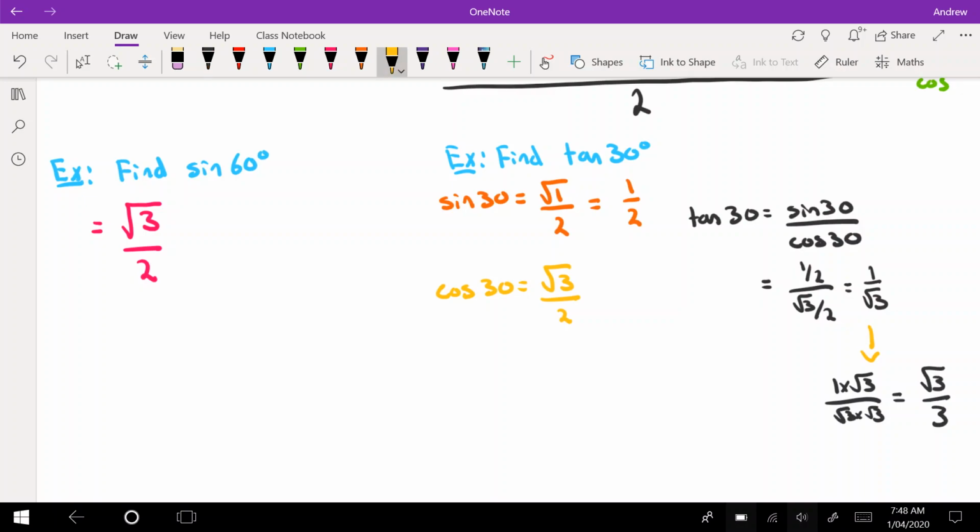And if we don't remember, this process is called rationalizing the denominator, which should have been touched on a little bit in 10 Pathway 1.